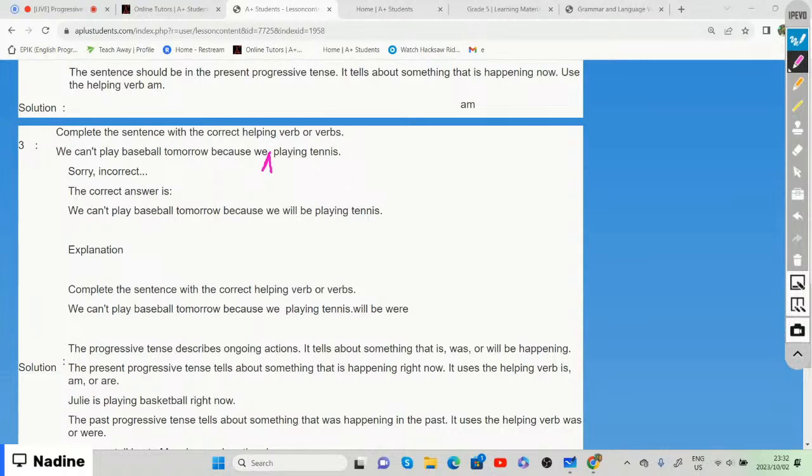All right, so if we choose the correct tense, then we will say this is the future progressive tense. So this is the future progressive tense, and it basically tells us that something will be happening. It must still happen.